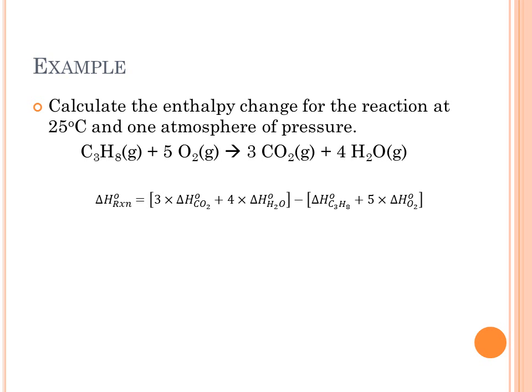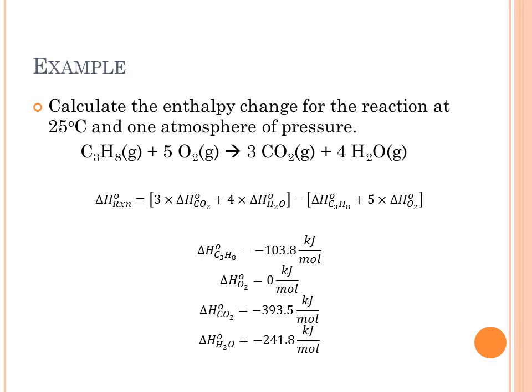So delta H for our reaction will be our products, 3 times the delta H for the CO2 plus 4 times the delta H for the H2O. Then you're going to take that and subtract the enthalpies for the reactants, which will be the delta H of the C3H8 plus 5 times the delta H for the O2. We want to look up those values in a table, and when you do, you'll find these are the values.